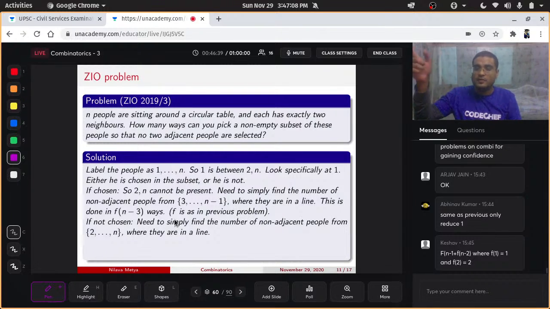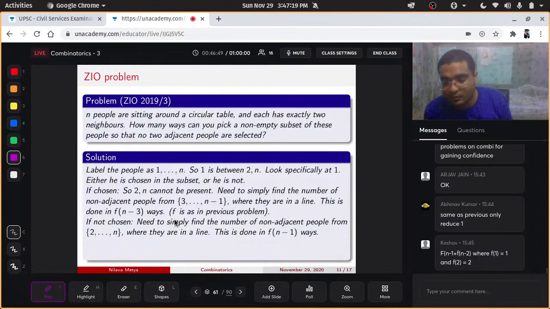And I know that 2's neighbor 1 is not there and n's neighbor 1 is not there. So the number of good subsets of 2 to n is f of n minus 1, where f was the previous one.